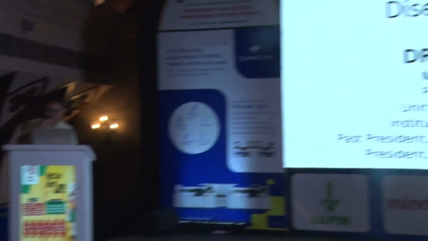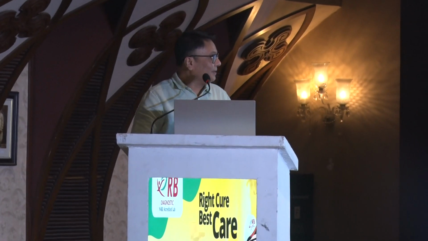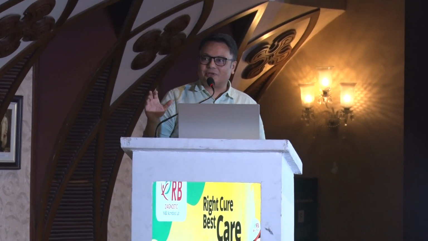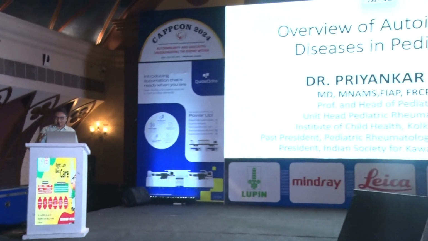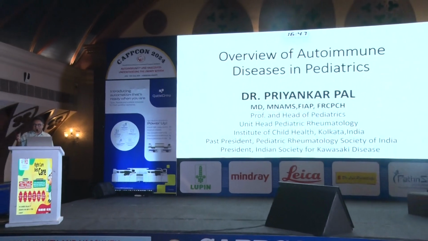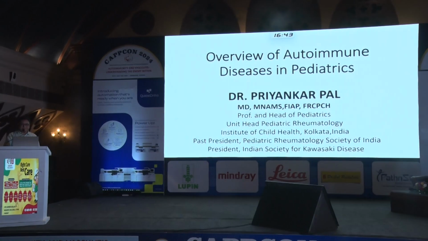Big thanks to the organizers for keeping the children in mind. So we all know that children are not miniature adults, and of course, data of the adults cannot be extrapolated for the children.